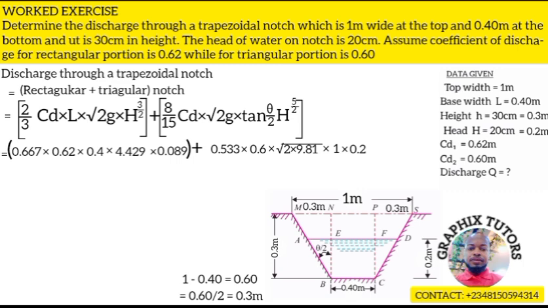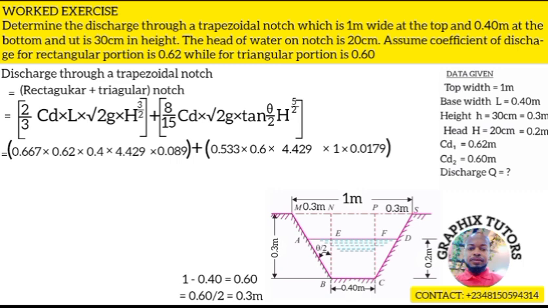Are we together? And 5 over 2 is 2.5. So 0.2 raised to power 2.5 is going to give us 0.0179. And the square root of 2 times 9.81 will give us 4.429. Right? So this is what we have here.